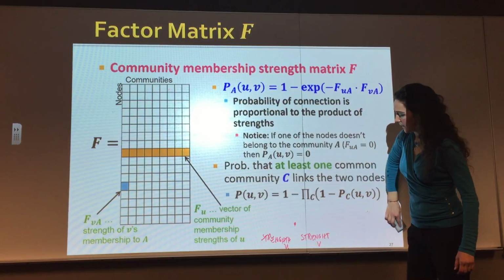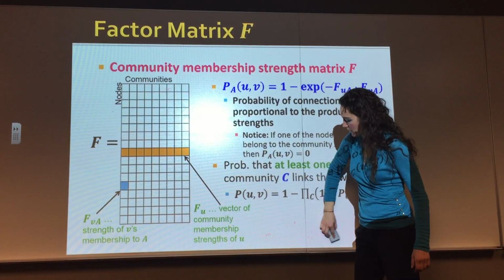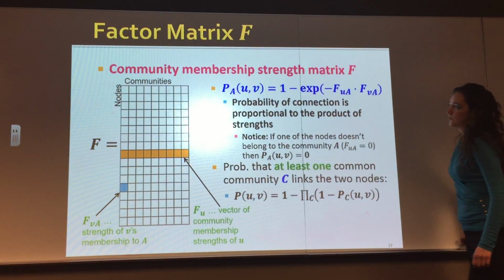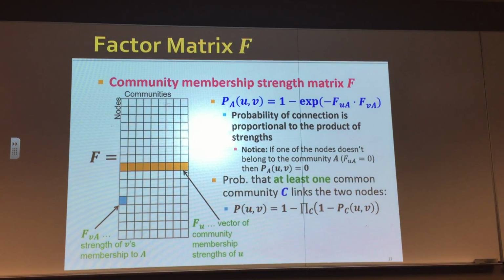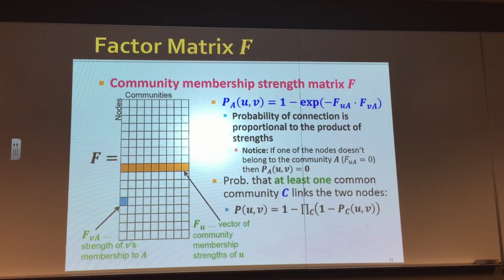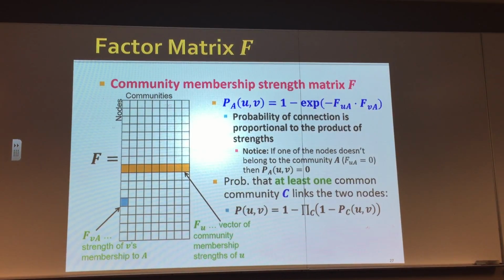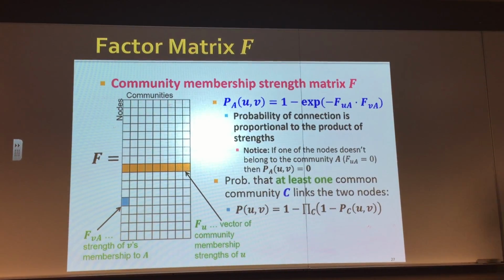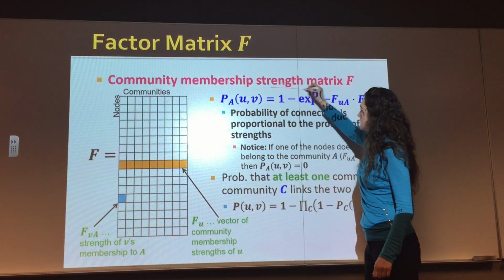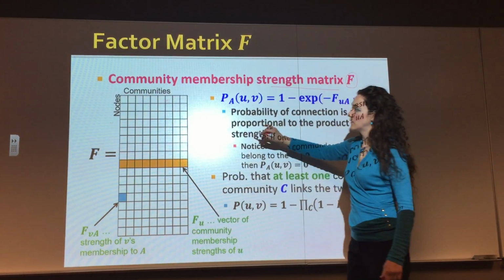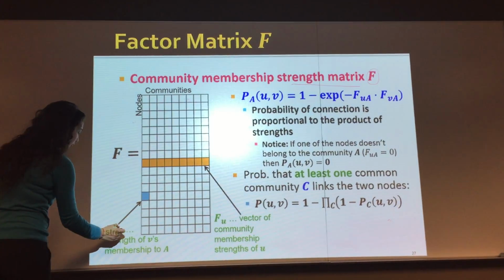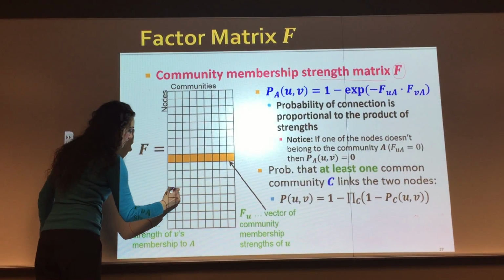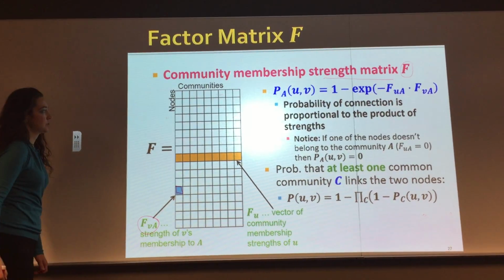And now we're going to have the same thing, but instead of 0 and 1, the coefficients will show us the strength. So this is the strength matrix F, and the numbers in the matrix are these strength coefficients.